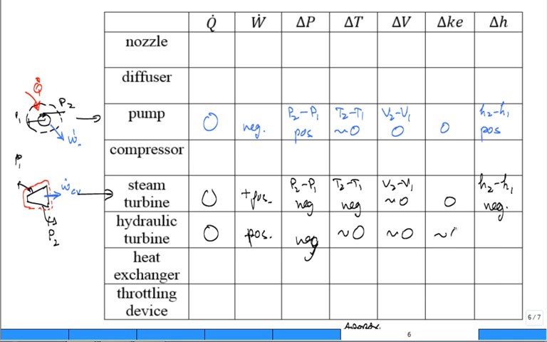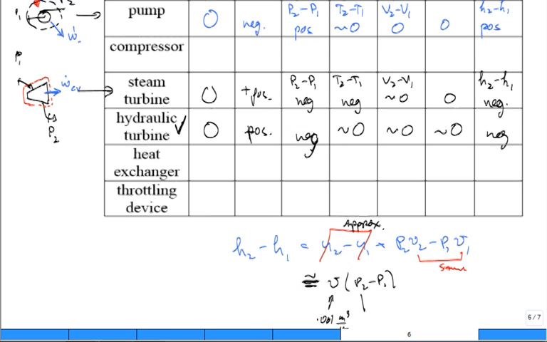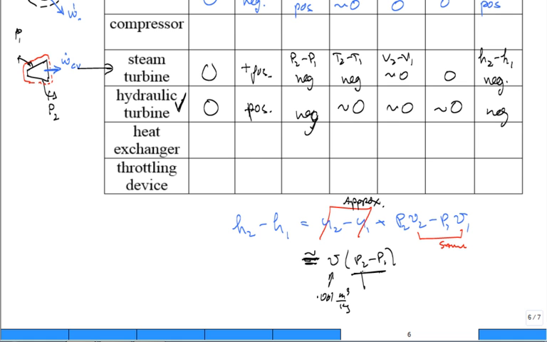And negligible change in kinetic energy. What really drives it is the change in the pressure, so it's a negative change in the enthalpy. And when you look at the enthalpy change across a hydraulic turbine, the liquid water turbine, like in a dam, it really is that pressure difference from inlet to outlet that drives it.